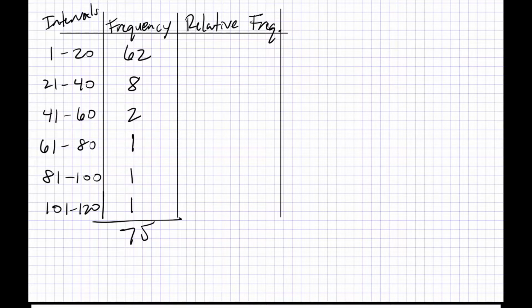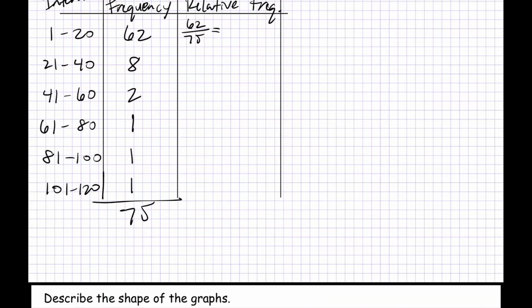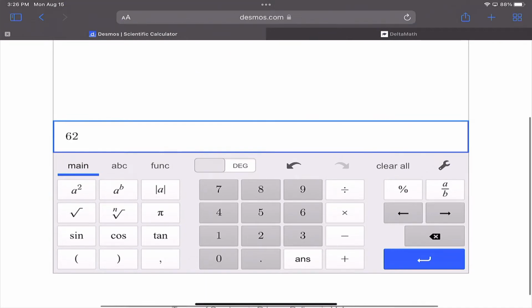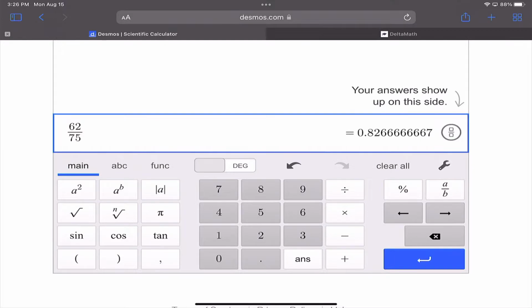So relative frequency answers that question by turning it into a decimal or a percent. Okay? So we'd say 62 out of 75. Change it to a decimal. To change it to a decimal, we always go 3 places and round. So 62 divided by 75.